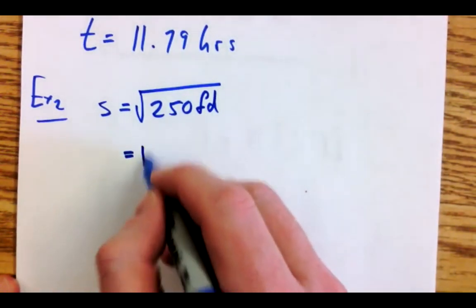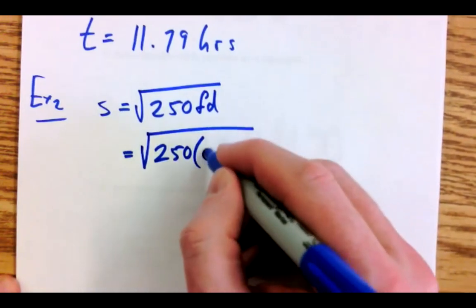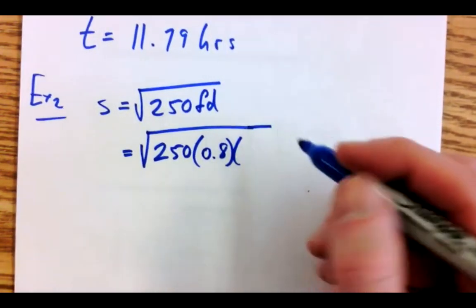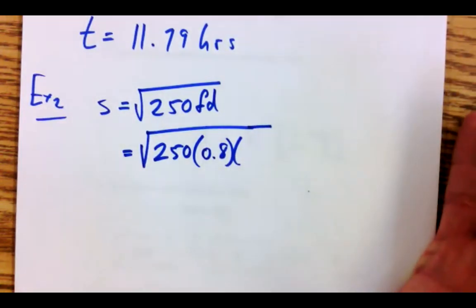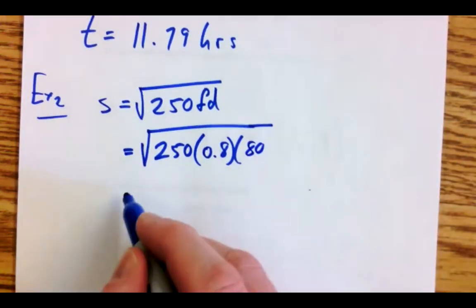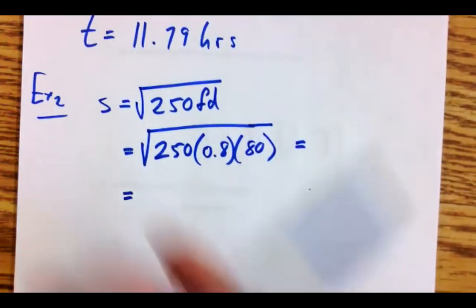So that equals the root of 250 times 0.8, which I think is our next unit in physics, and then the distance. What's the distance? Oh yeah, 80. So all we got to do is multiply all these and then take the square root of it.